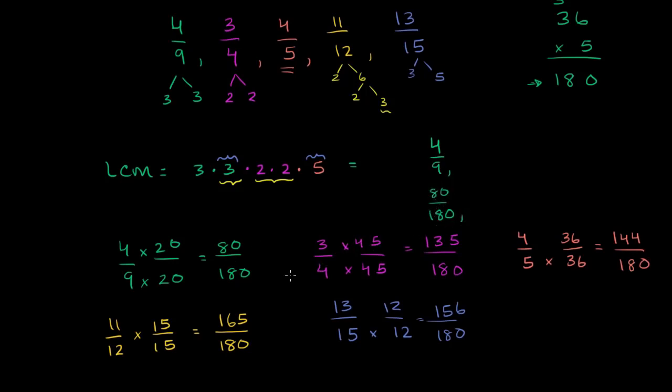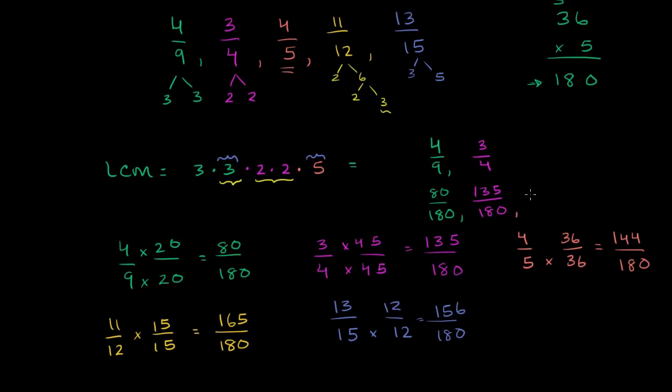80 over 180. Then the next smallest number looks like it's this 135 right over here. So then our next one is going to be the 135. I want to do it in that same color. The next one is going to be that 135 over 180, which is the same thing as 3/4. And then the next one is going to be, let's see, we have the 144 over 180.